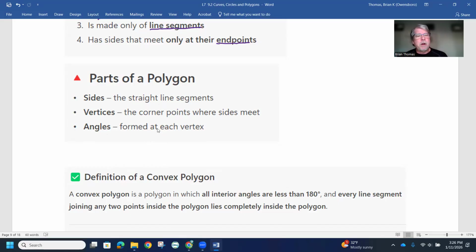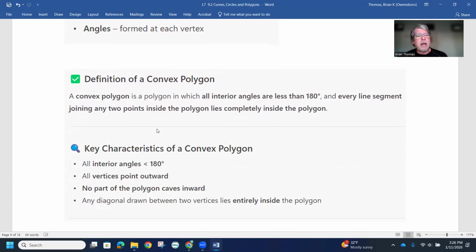So as we move into polygons, the most common type of polygon is what's called a convex polygon. We don't use this word a whole lot, but a convex polygon is kind of more of a generalization. So a polygon in which all the interior angles are less than 180. So every line segment joining any two points inside the polygon lies completely inside the polygon.